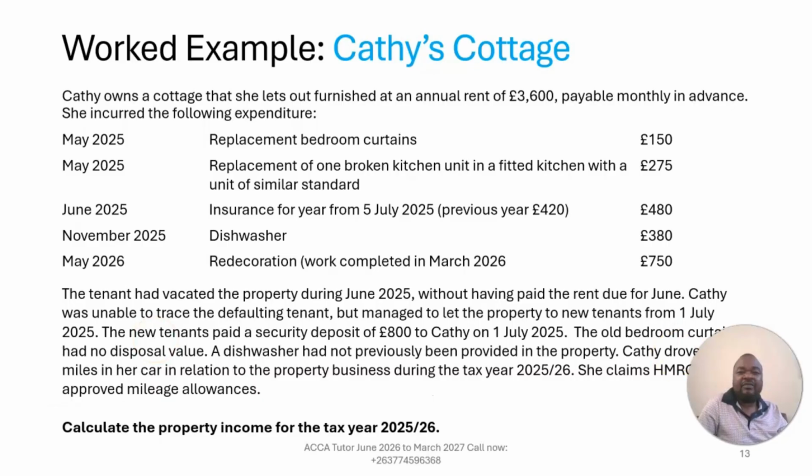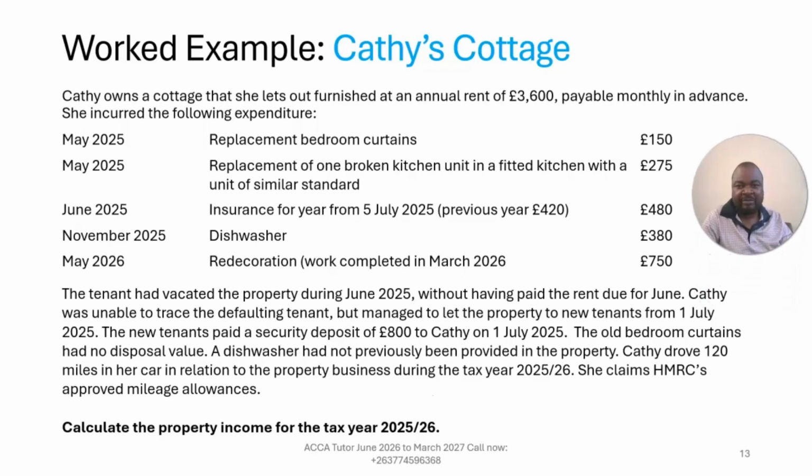Okay, now the first thing we need to always remember is that if the examiner doesn't tell us which method Kathy was using to account for the property income, or which basis, the default basis is the cash basis. All right, that's the default basis.